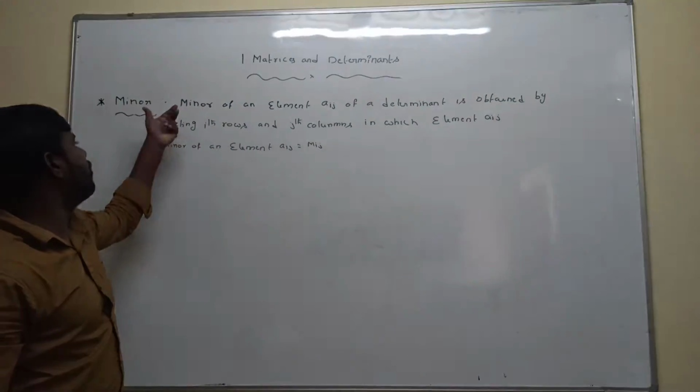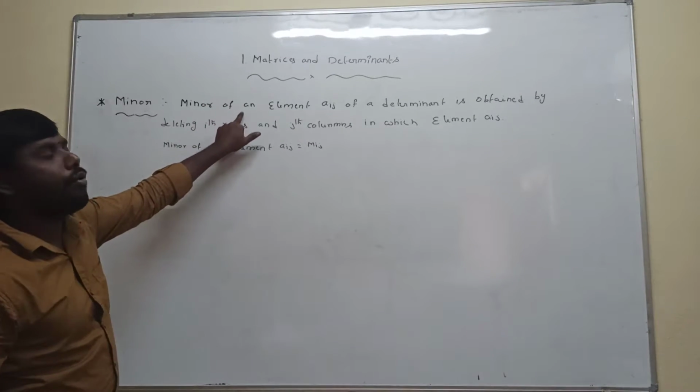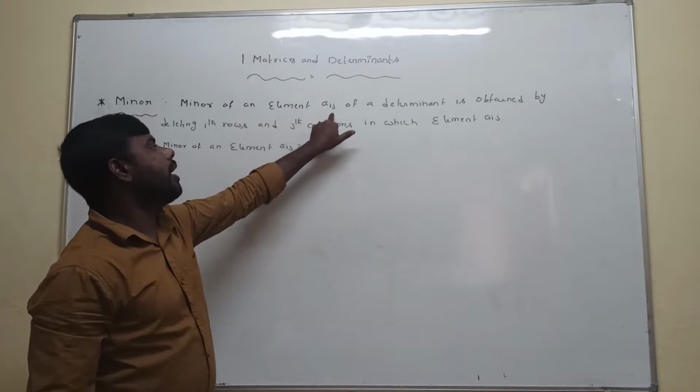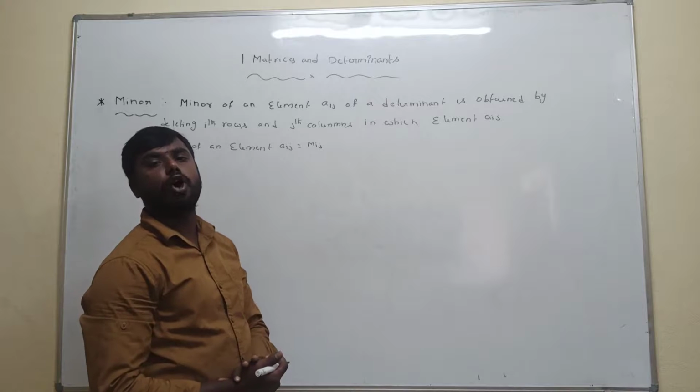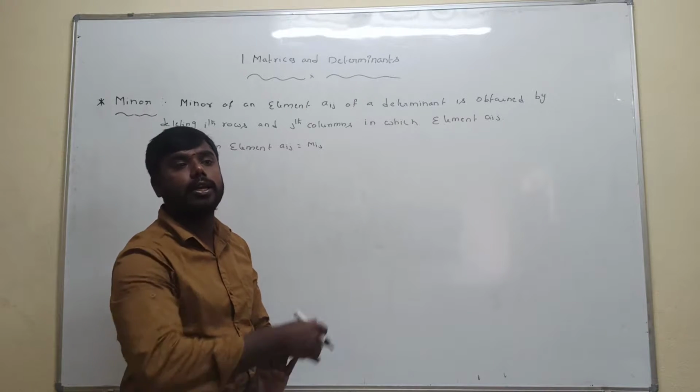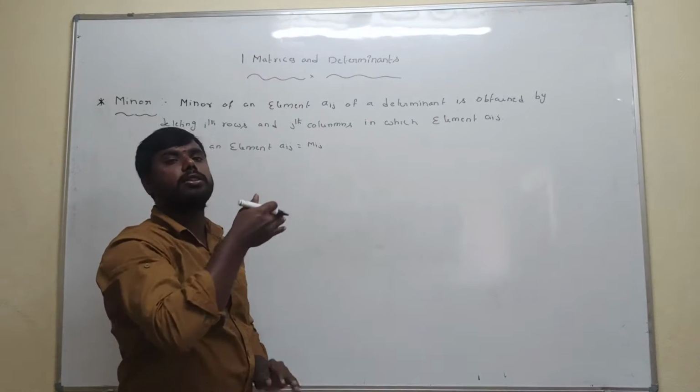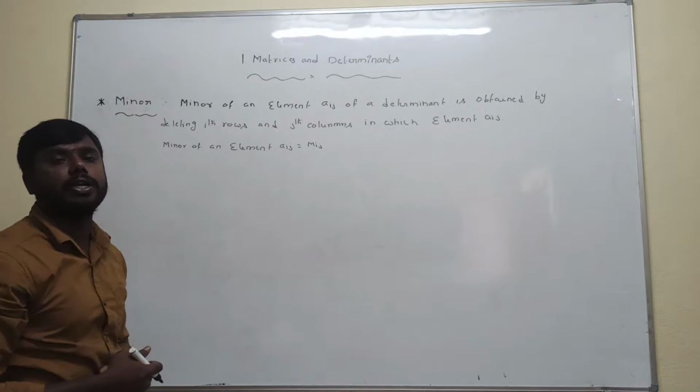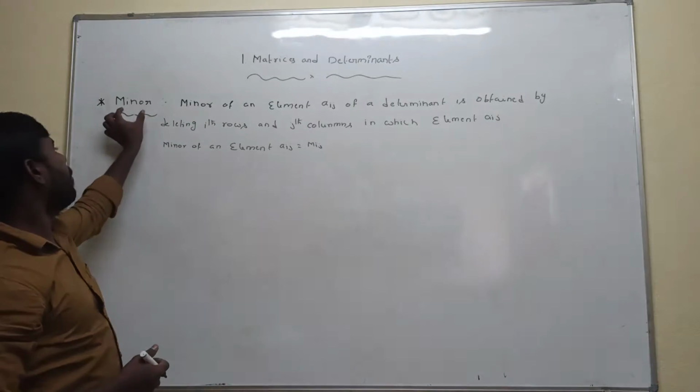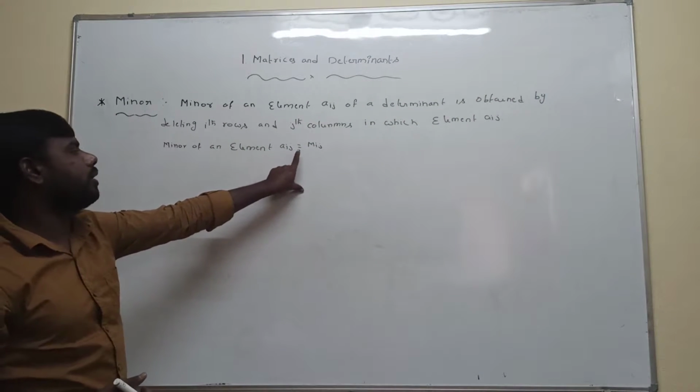What is the meaning of the minor? The minor of an element Aij of a determinant is obtained by deleting the ith row and jth column in which the element is Aij. So the minor of the element is denoted by Mij.